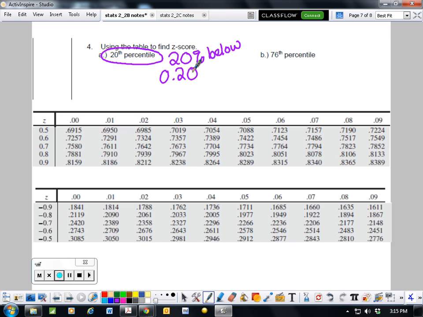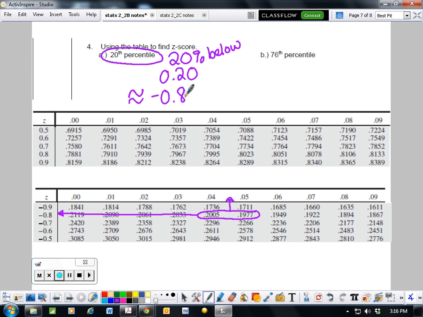And I don't find the exact value. I find two that are really close. So I know that my z-score is going to be somewhere in here. And so I can do an approximately negative 0.8, and then I can go 4, or I could put 5, and I would be correct.